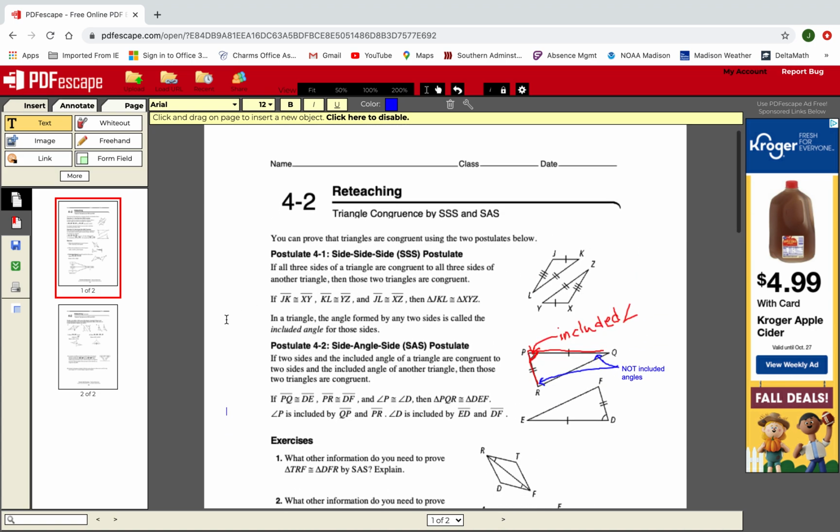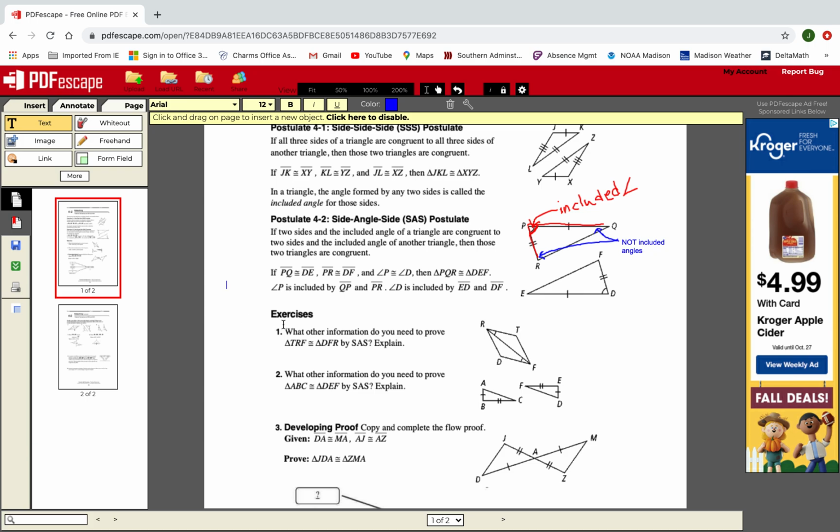All right, so we have our examples here showing that if we have two pairs of corresponding sides congruent to two sides of the other triangle, and the included angles are congruent, then the triangles are congruent by the SAS postulate. This says that angle P is included by QP and PR. Angle D is included by ED and DF.